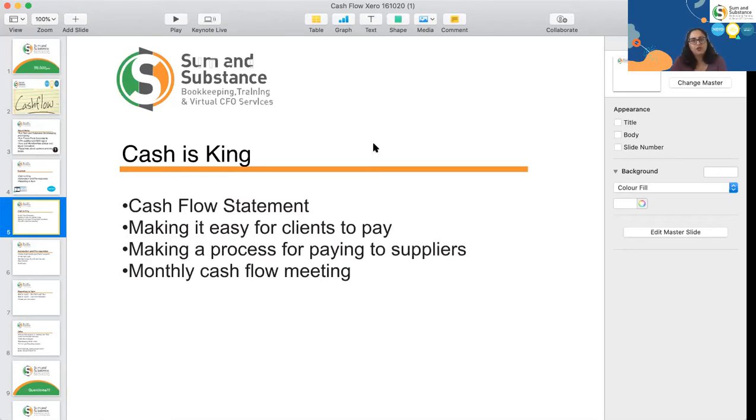So obviously, if your cash flow allows, depending on how many bills you get in your business, the best thing is to phase it out. You don't have to pay before due date. A lot of businesses end up having a cash flow problem because they pay straight away.